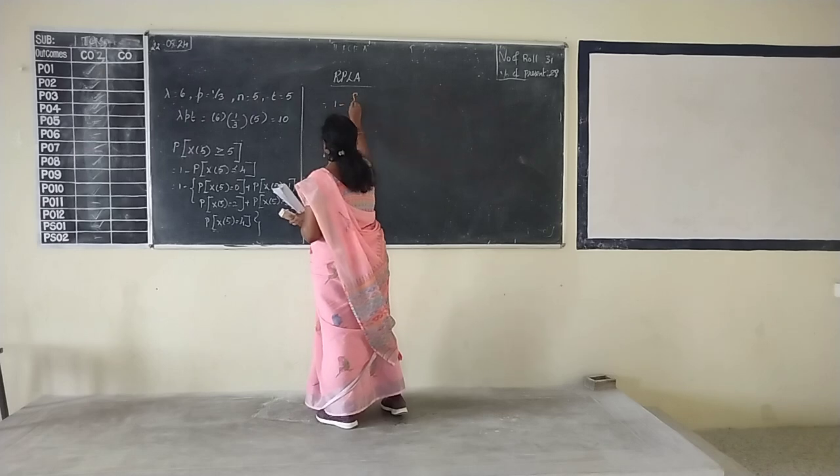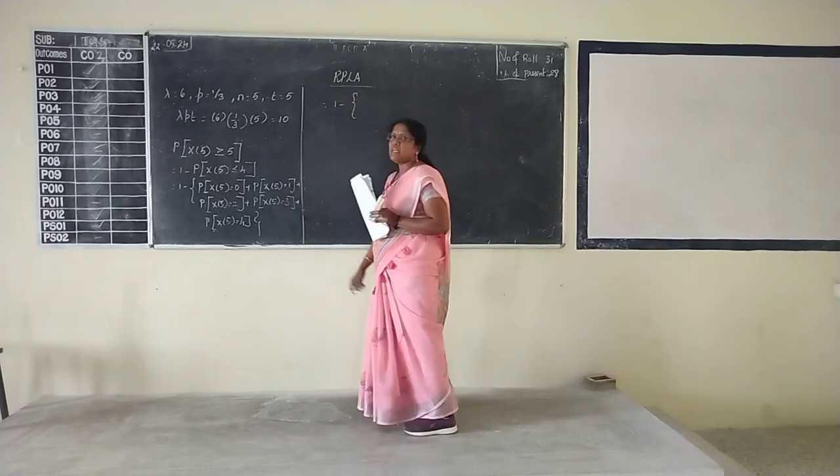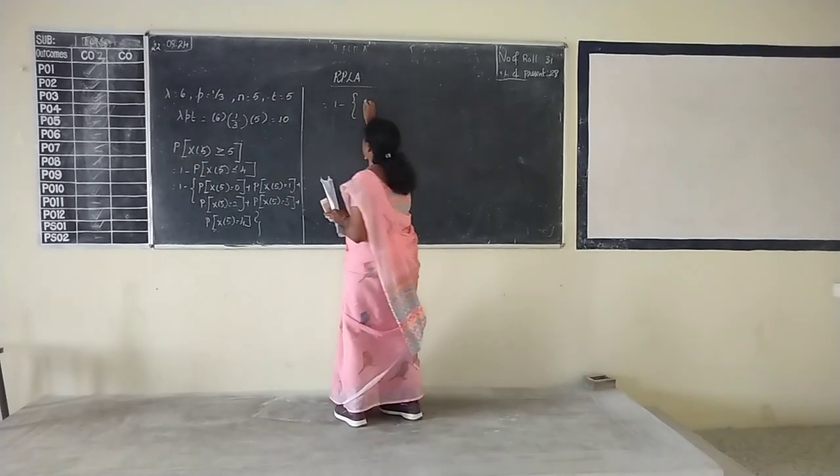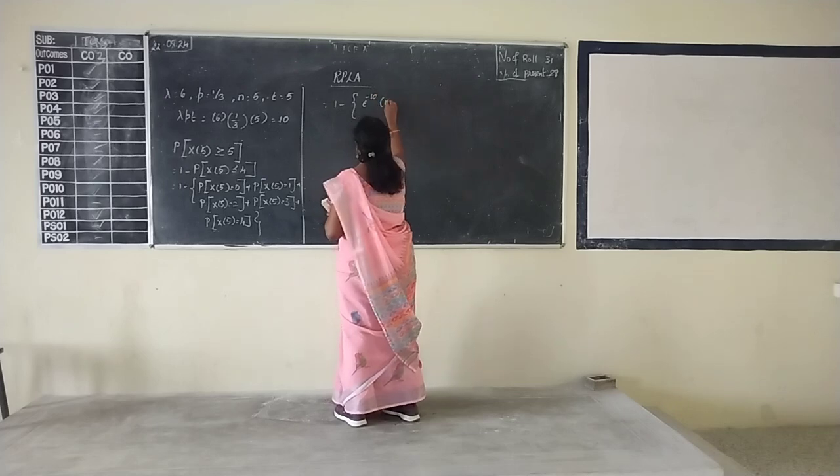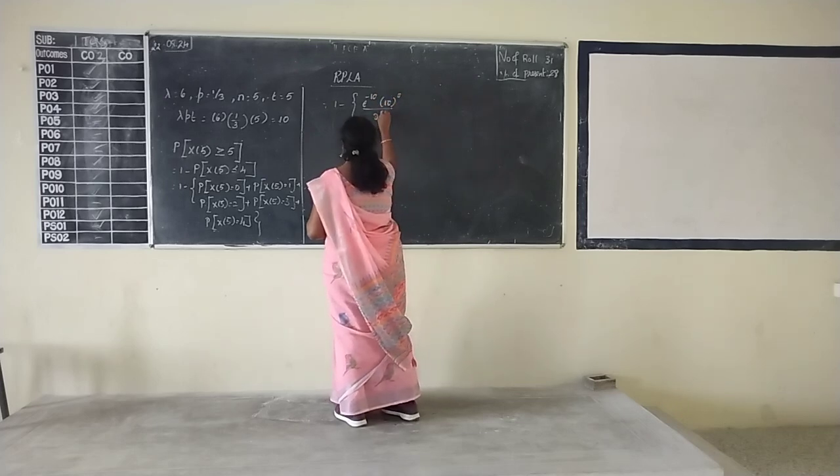So 1 minus, first case n equal to 0: e power minus 10, 10 power 0 by 0 factorial.